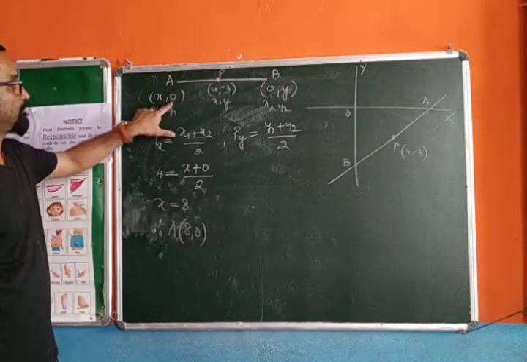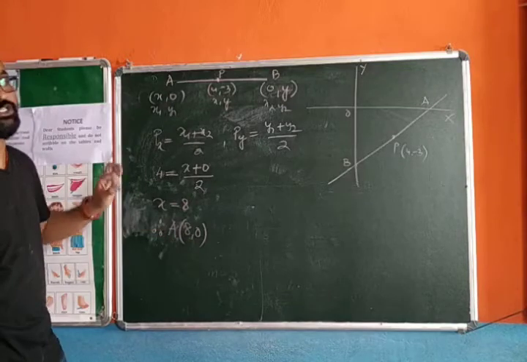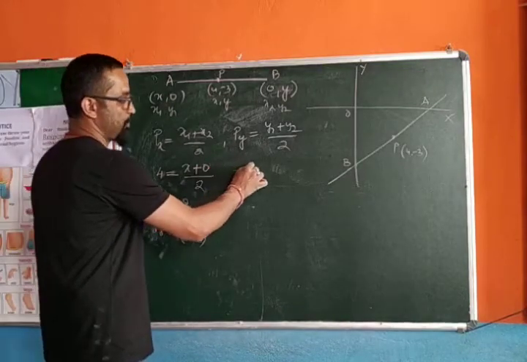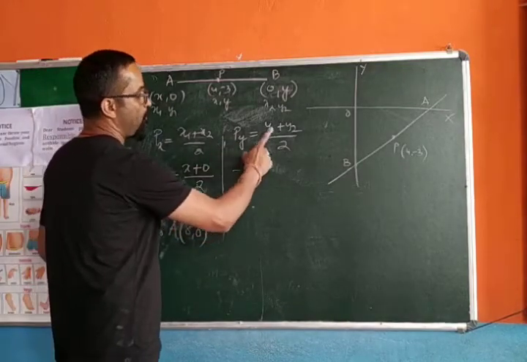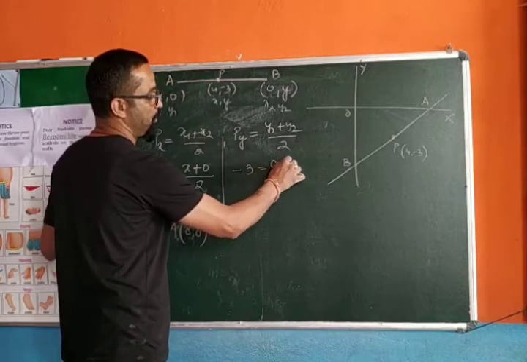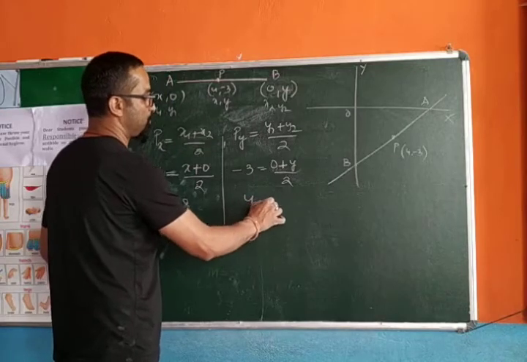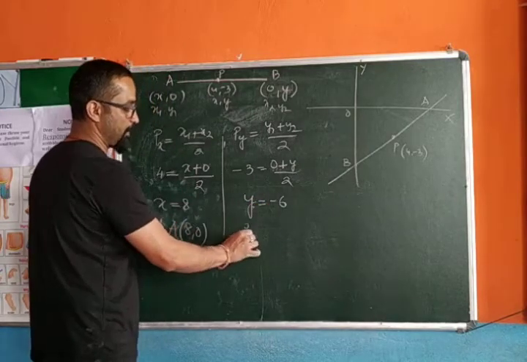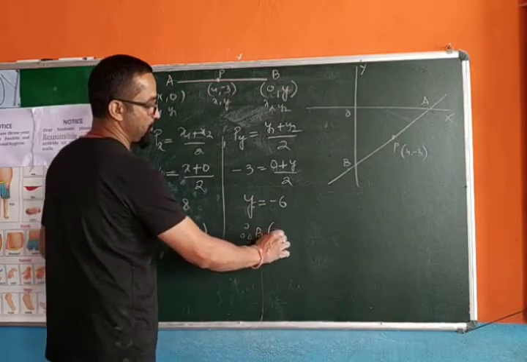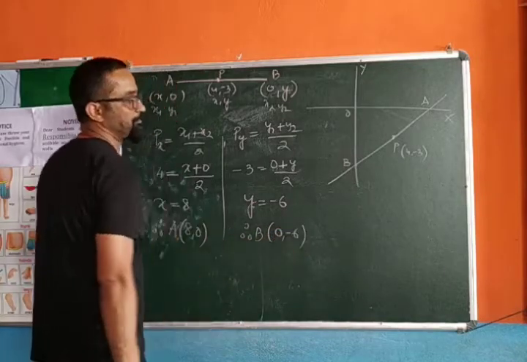Because x we know, y1 is 0, so you substitute Py, which is -3. y1 is 0 plus y2 is y, divided by 2, y is equal to -6. Therefore, B has coordinate (0, -6).